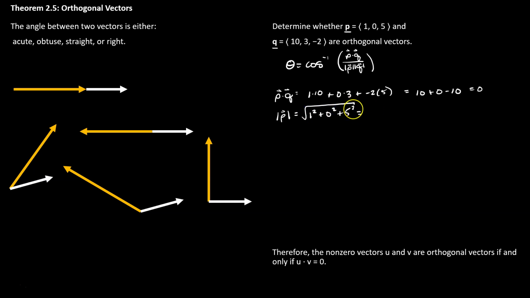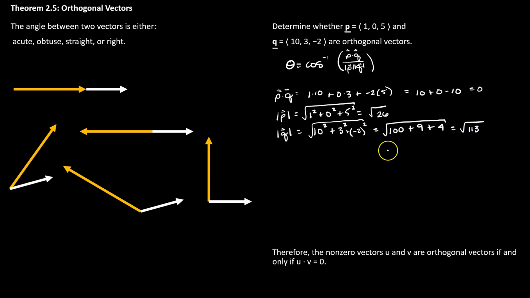And oops, almost forgot the square on my 5. Simplify that, we get the square root of 26. Magnitude Q, simplify that. Let's go ahead and take a couple of steps here. All right, we have the 3 values.